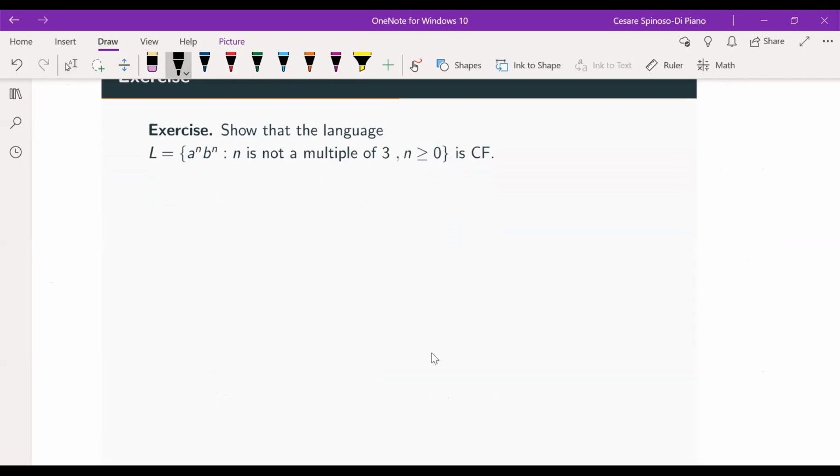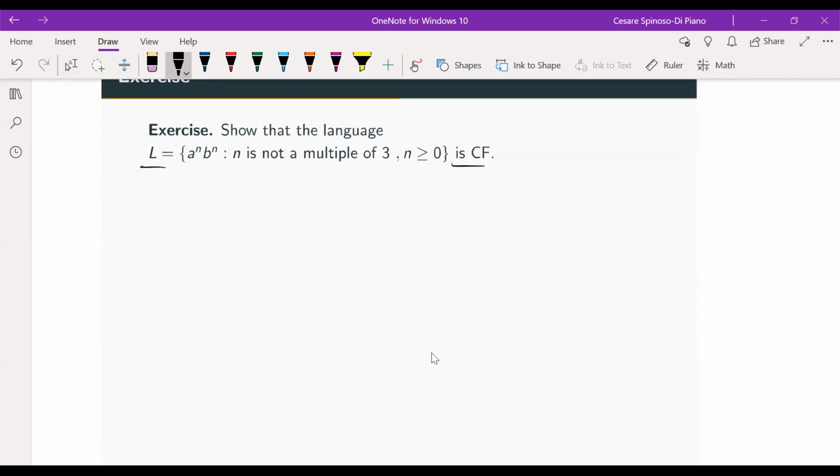There's an exercise here based off the previous closure properties, where we want to show that the language L is context-free. And L is a^n b^n for n not a multiple of 3.